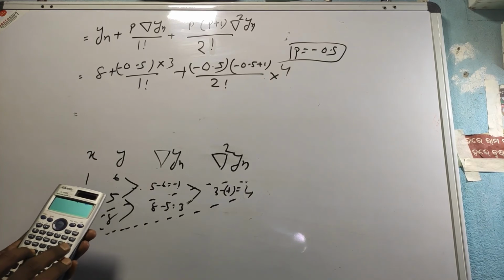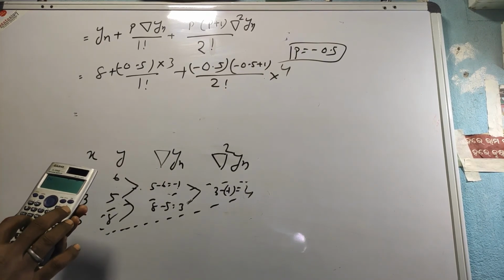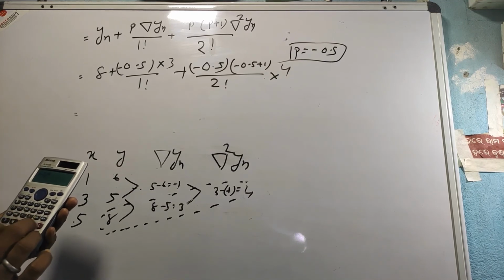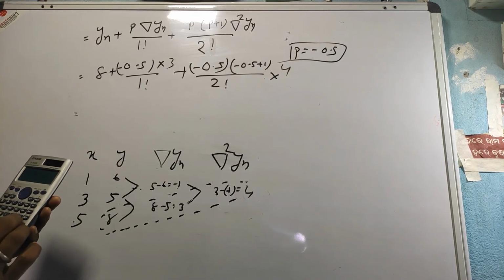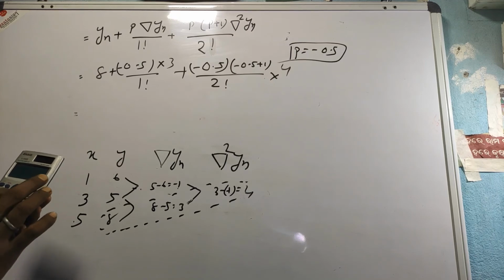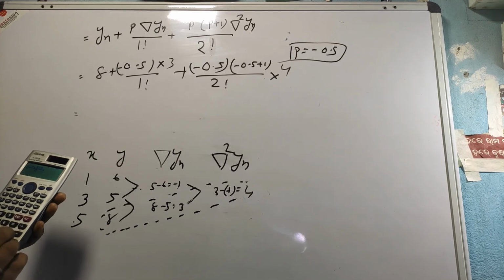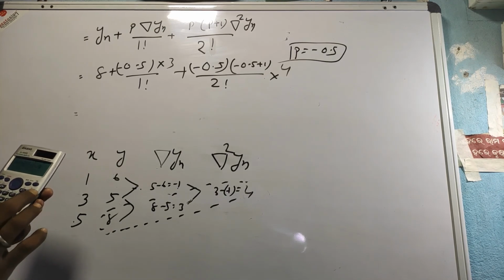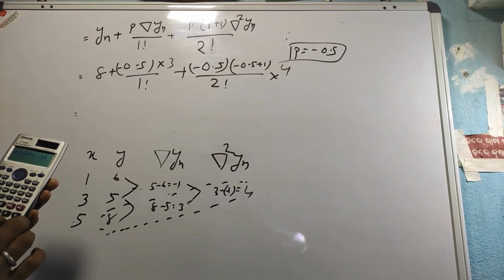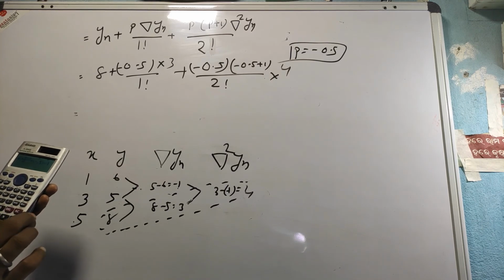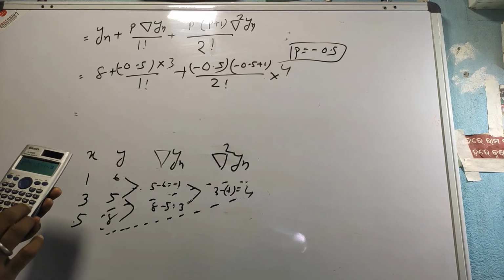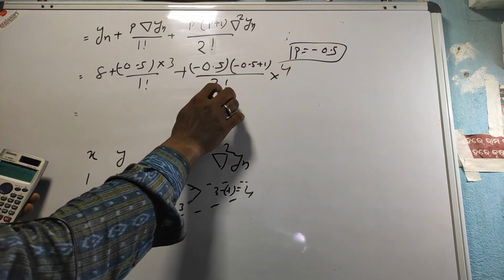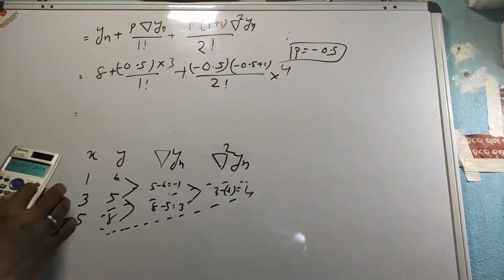So you have to calculate using a calculator and get the result. I use the calculator: 8 plus bracket minus 0.5 into 3, plus bracket minus 0.5 into bracket minus 0.5 plus 1, over 2 factorial, which is 2, into 4, cut down, so you write directly 2.